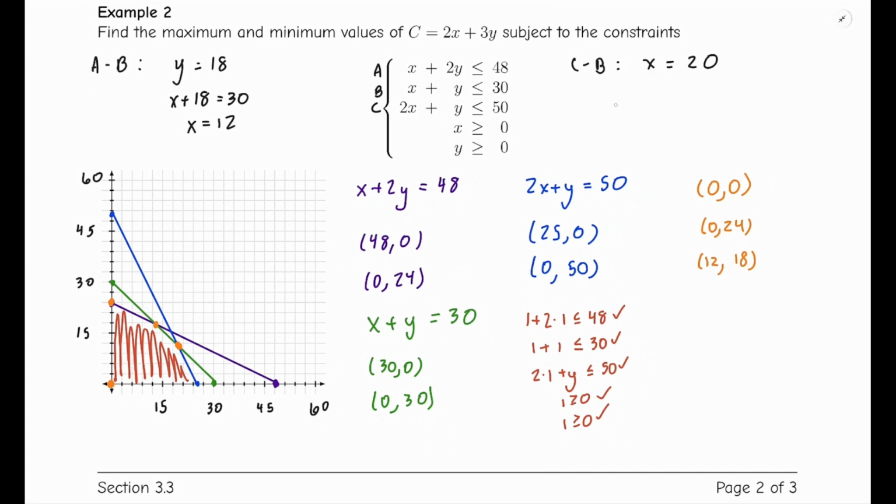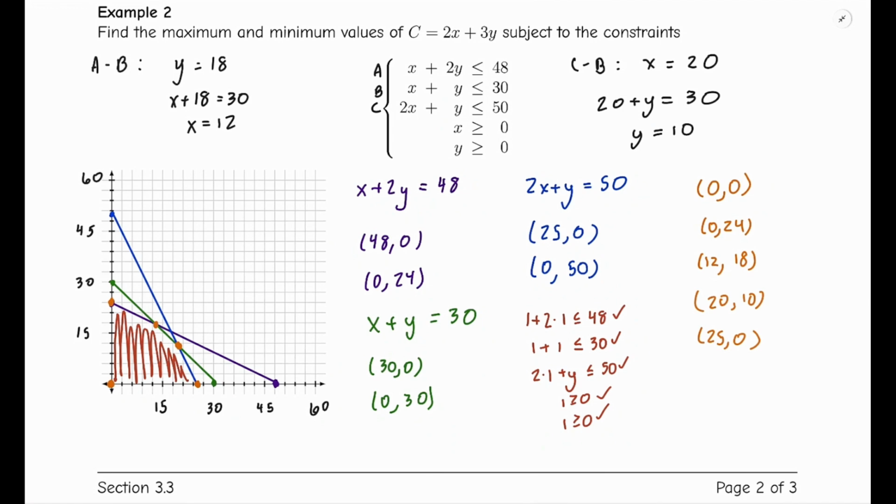Plug that back into B, we get 20 plus y is equal to 30, y equals 10. So then that point is, get back to the right color, there we go, is 20, 10. And then the fifth point down here, which is the x-intercept of the blue line, which I found right there, is 25, 0. So those are our 5 vertices.